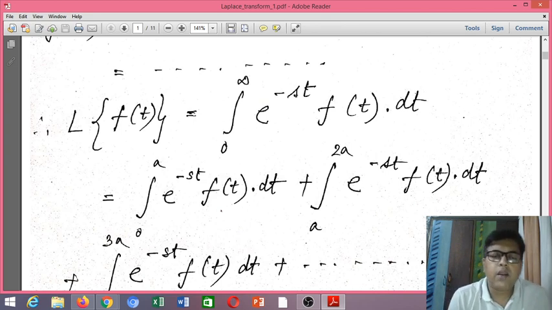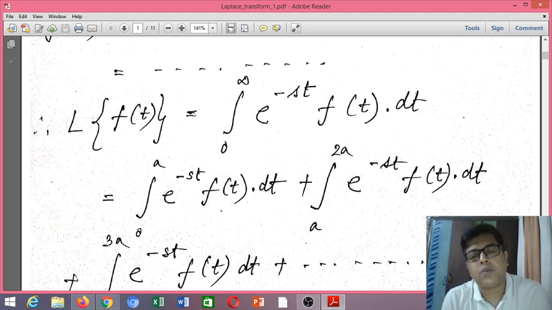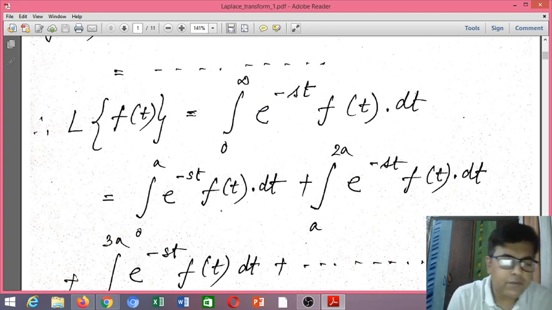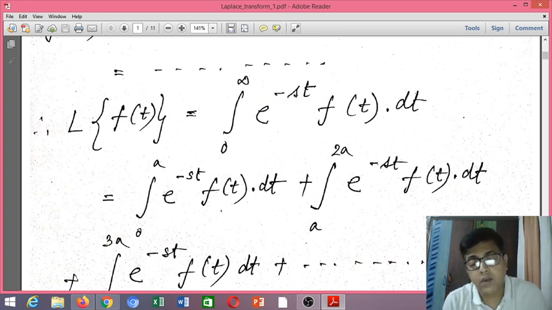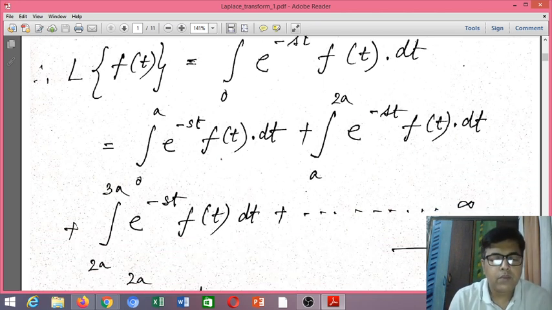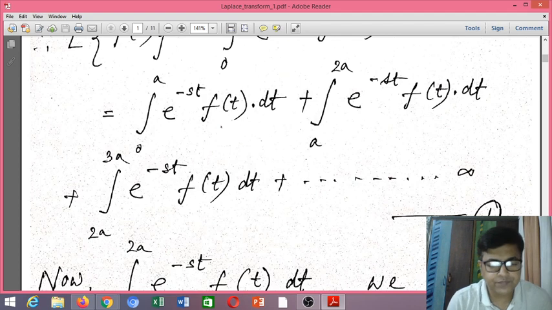Now this integral, from the very basic property of definite integrals, can be written in the form of integral 0 to a e to the power minus st f t dt plus integral a to twice a e to the power minus st into f t dt, plus integral twice a to thrice a e to the power minus st into f t dt, and like that it will continue right up to infinity.